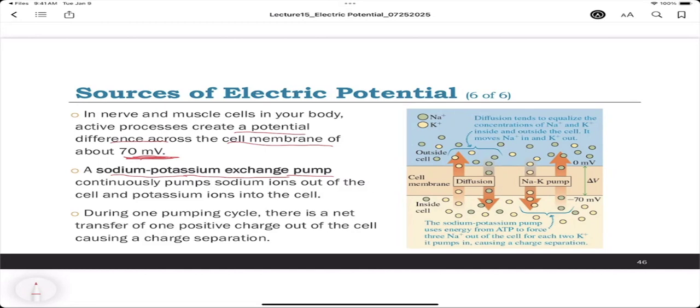The sodium ions go out of the cell and the potassium ions go into the cell. This creates a potential difference. Does that make sense to you?